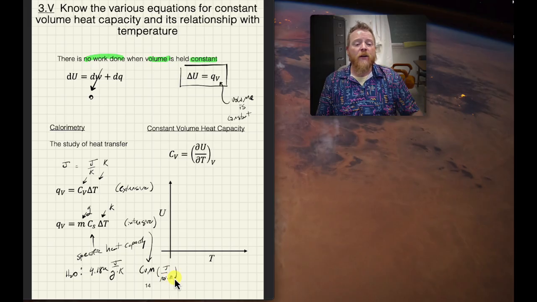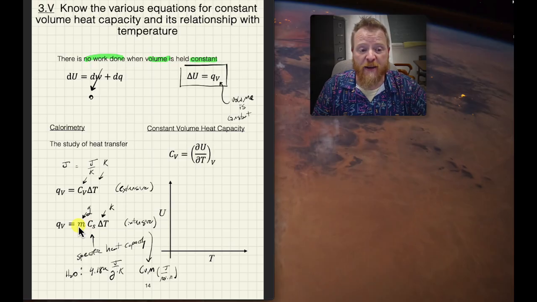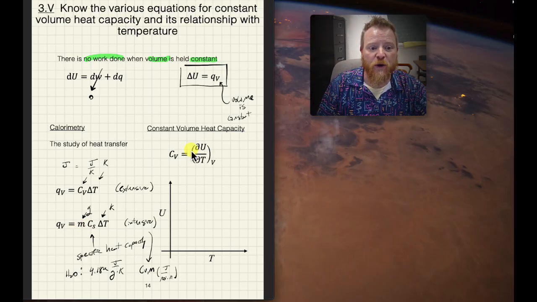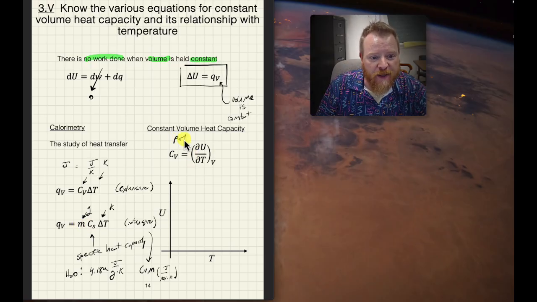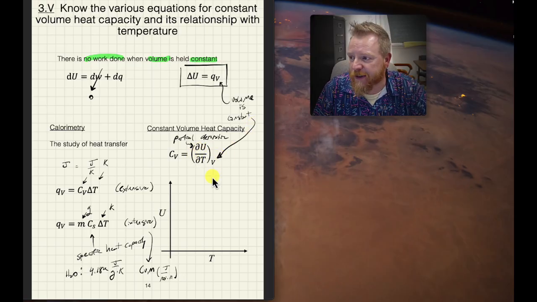Okay. All of these equations stem from the fundamental definition of heat capacity, which is the following. This is a partial derivative, so that denotes the partial sign, and we can also see that volume is held constant right there.